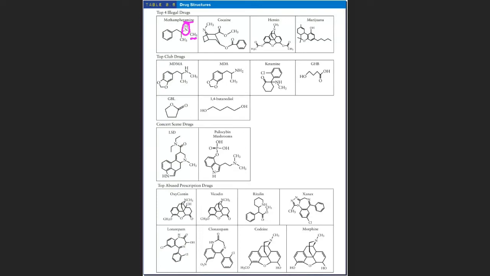Also present in this molecule is an aromatic ring, 6-carbon ring with 3 double bonds. This molecule, basic, not soluble in water until you were to acidify it. Got a lone pair of electrons on that nitrogen. It's going to make it basic.